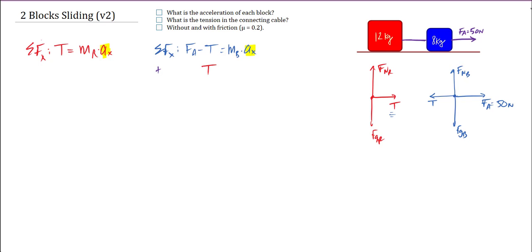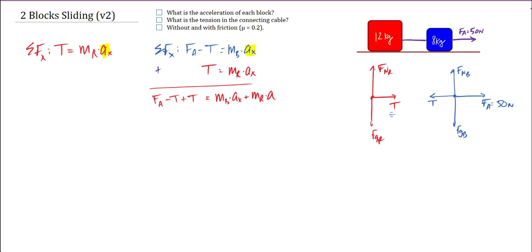Now again, because these are equations, I can add them to each other, and the left side is still equal to the right side. That equation is still true if I add them together. And if I add them, I get the applied force minus the tension force plus the tension force equals m_b times a plus m_r times a.